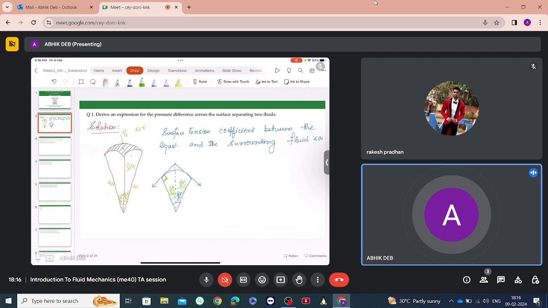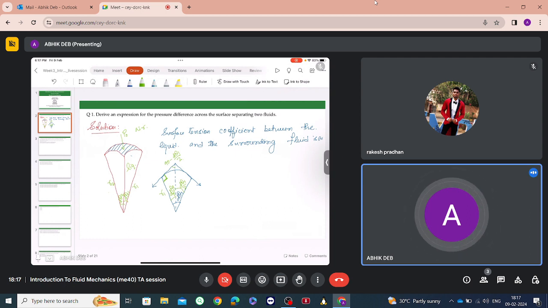So if this angle is d theta 1 by 2, this angle will be 90 minus d theta 1 by 2. Okay, and this length is r1.